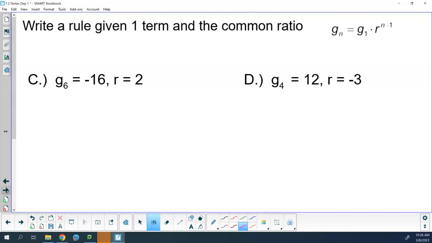So in this particular one, I know that negative 16 is the 6th term in that sequence.